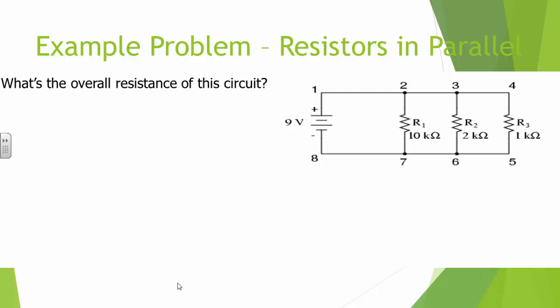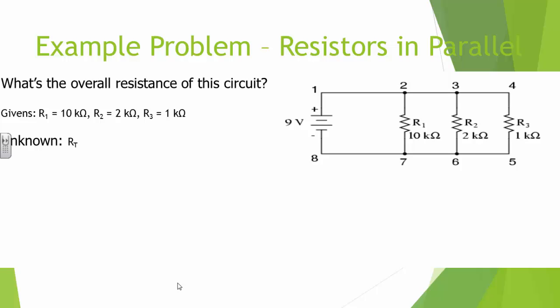So let's have a look at one. We can ask ourselves, what's the overall resistance of this circuit here? Givens, R1, 10 kilo ohms, R2, 2 kilo ohms, R3, 1 kilo ohm.